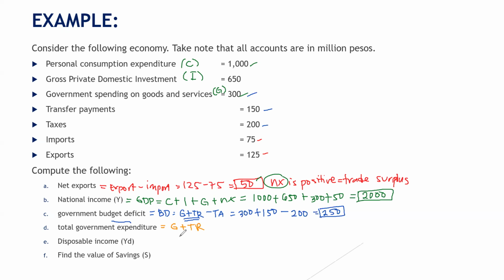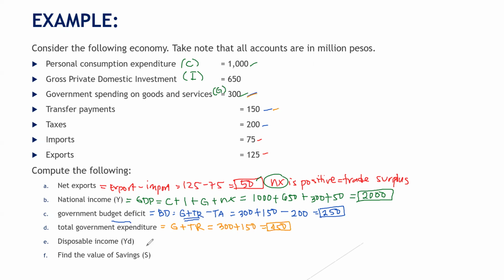But then the transfer payment doesn't include goods and services, so it is not included in the GDP because there's no involvement of producing goods and services. So we have here G, so our G is 300. Then our TR here is 150. So our total government expenditure here is 450.